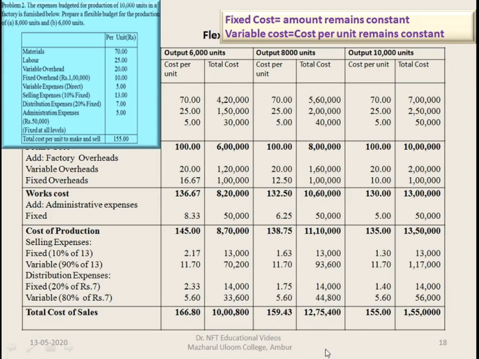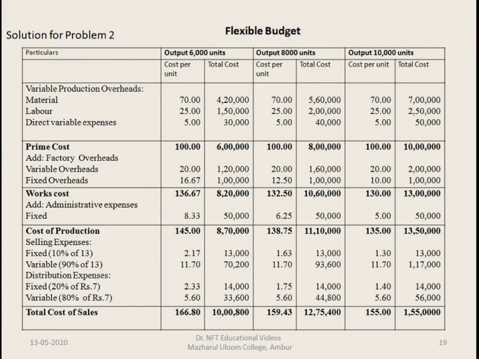Again, here also you can see the level of output after adding is 159.43. In case of 6,000 units, per unit cost is 166.80. So you can very well see here that for less number of units produced, the cost per unit is high compared to the higher number of units produced.